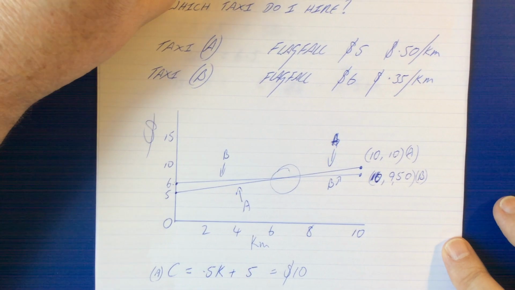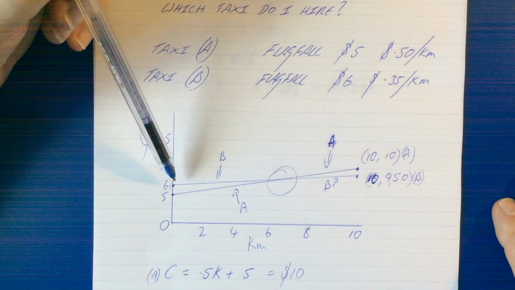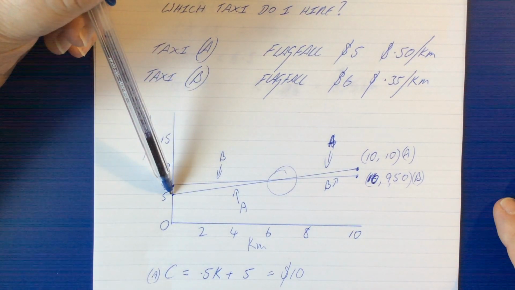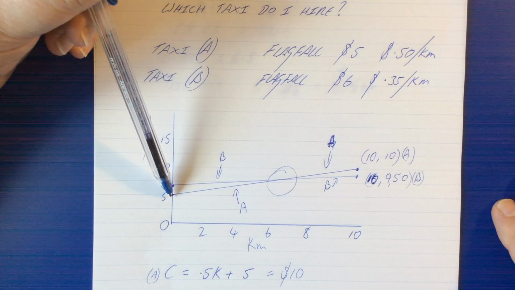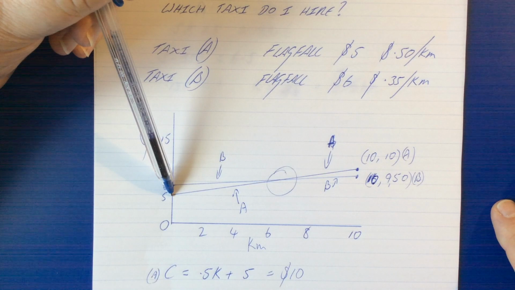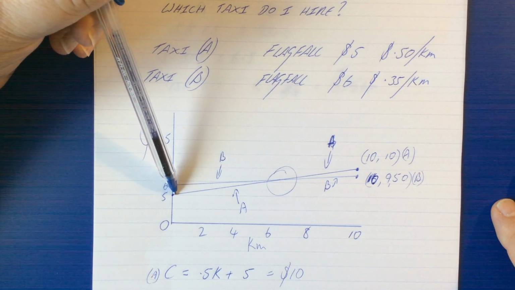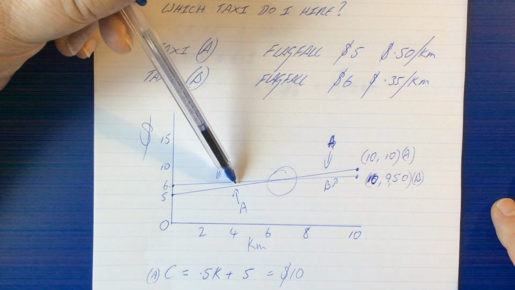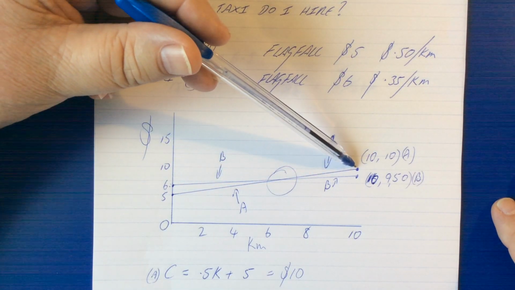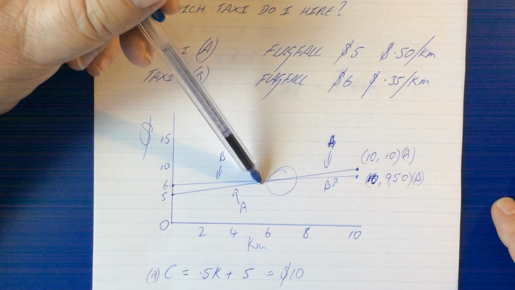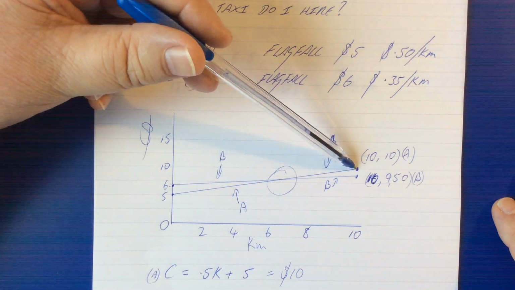And I want to focus in on this. So we'll start with taxi A. The fixed cost, the minute I get into that taxi and I haven't gone any distance, there's a $5 charge. And then as the taxi heads off and goes up to 10 kilometres, this is a graph of what I will owe the taxi driver.